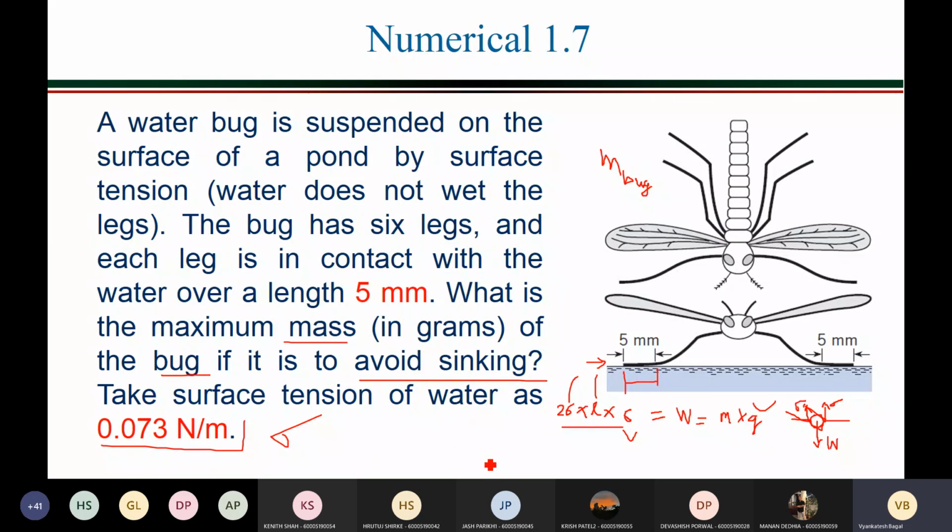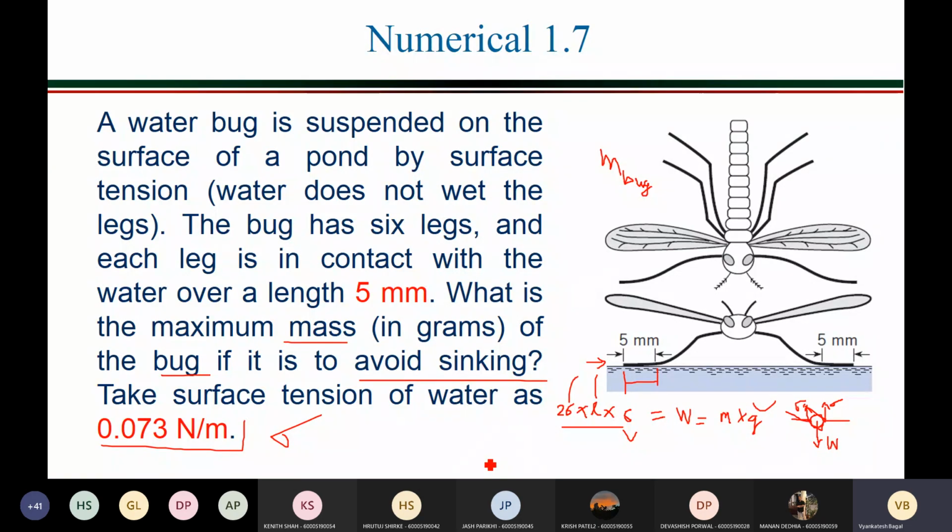Make it fast. 0.45. Very good. It will be around 0.446 gram. Fine.